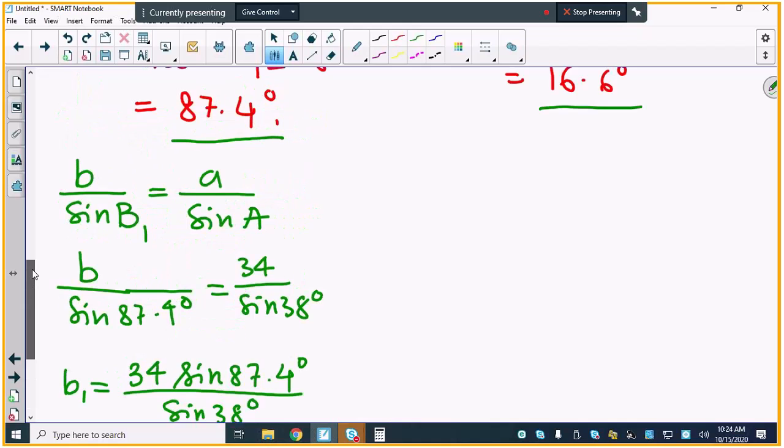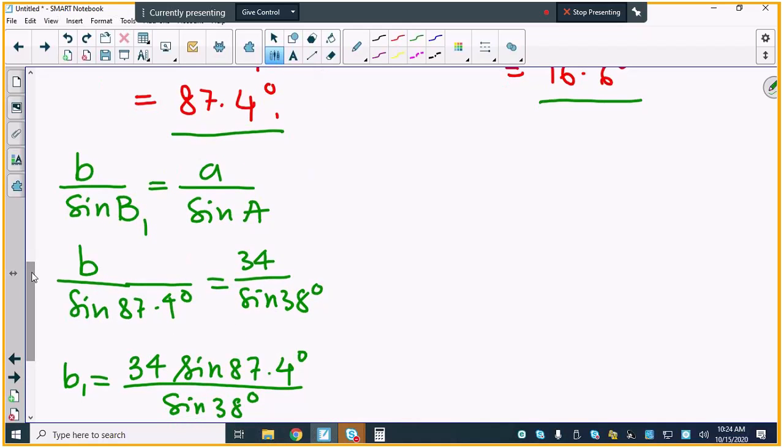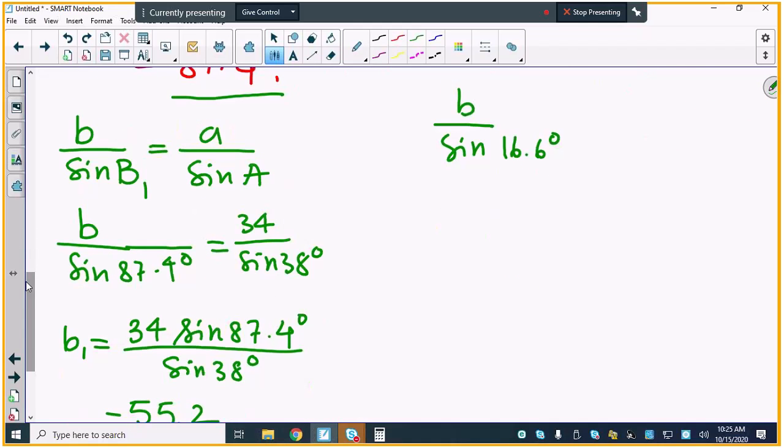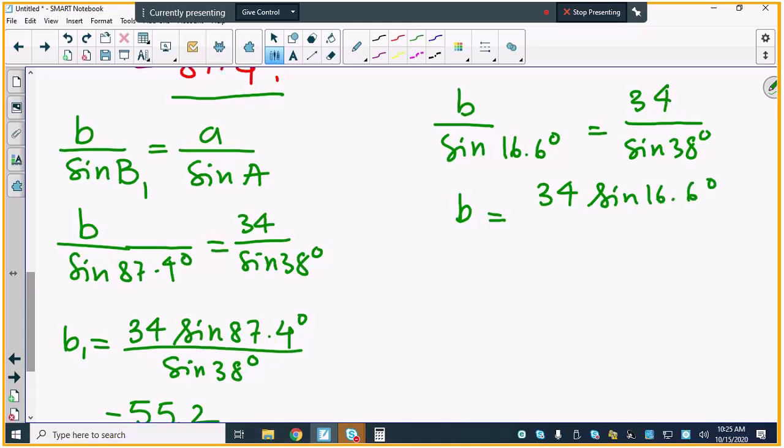And as usual, we're going to do similar work one more time. This time, I will say B over sine of 16.6 degrees. This is the second B value that we have obtained. The right hand side doesn't change. It is still 34 over sine of 38 degrees. So small b, the side length, is 34 times sine of 16.6 degrees over sine of 38 degrees.